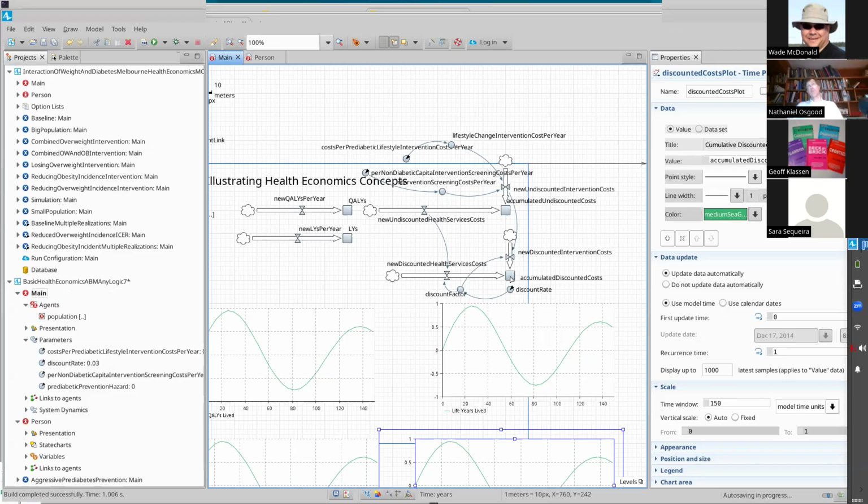Okay, now, those are the stocks here. But those are the nouns. The verbs are often the interesting things. And this is true in general with agent-based models, right? With state charts.